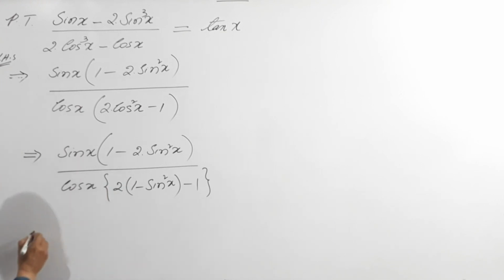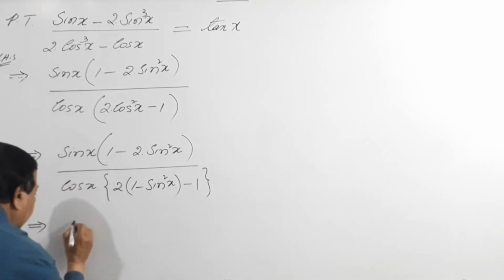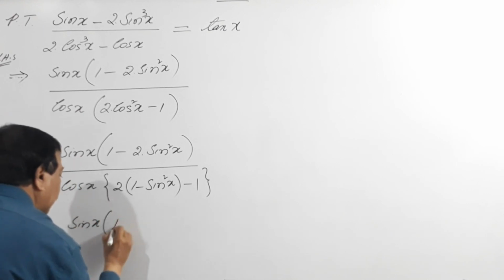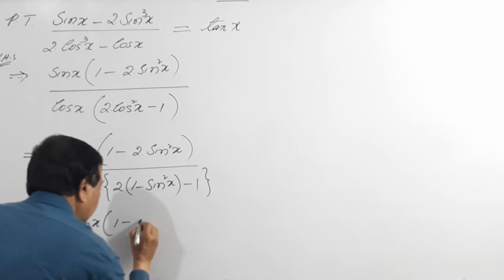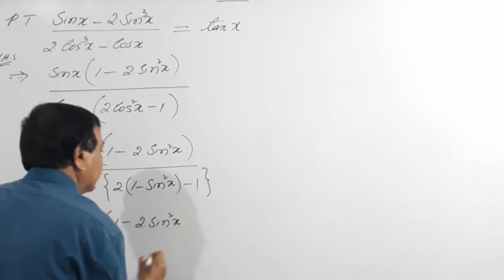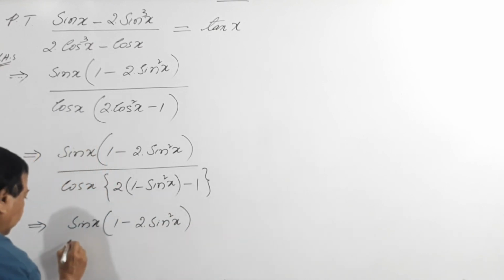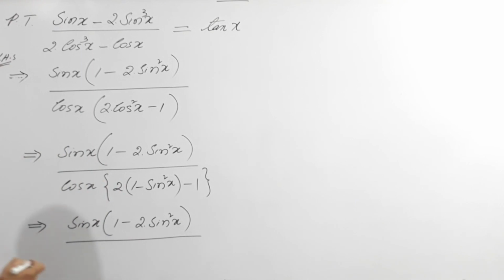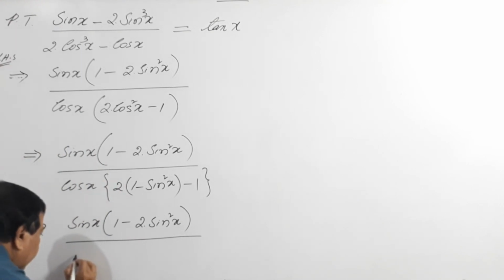Next step. So the numerator is sin x into 1 minus 2 sin square x divided by cos x.